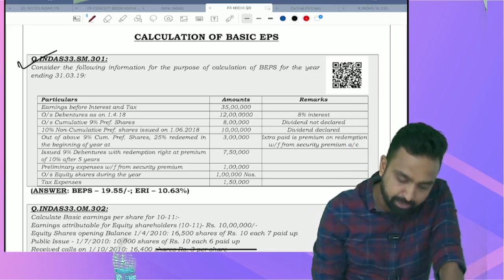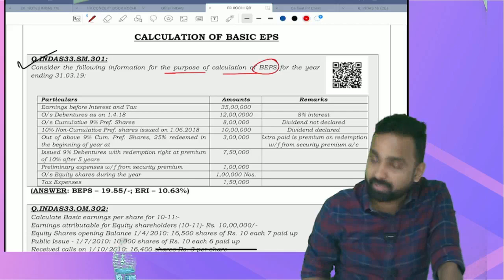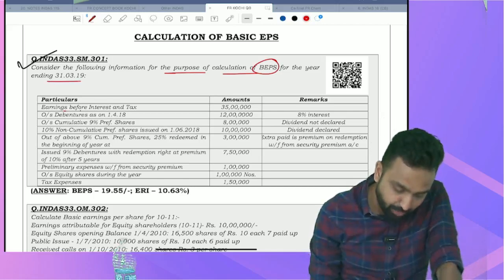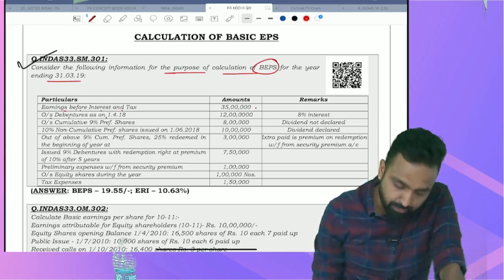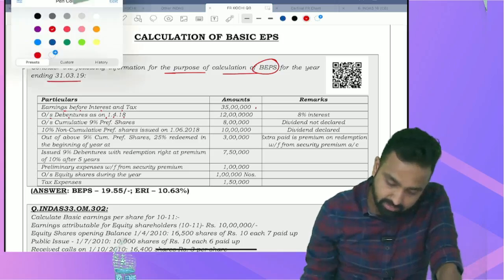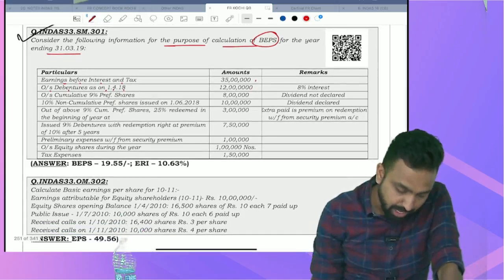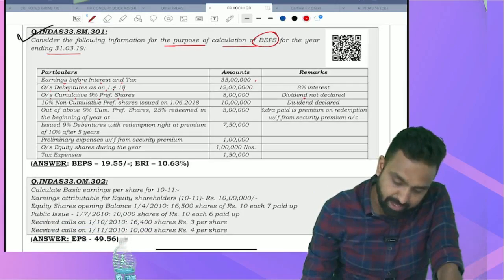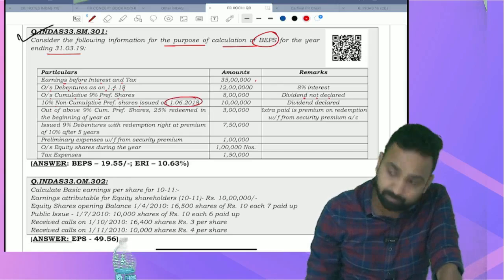Calculate the following information for the purpose of calculation of basic EPS for the year ended 31st March 19. Earning before interest and tax 35 lakhs. Outstanding debentures as on 1/4/18 1 crore 20 lakhs, 8% interest. Outstanding cumulative 9% preference shares 8 lakhs. Dividend not declared. 10% non-cumulative preference shares issued on 1 June.